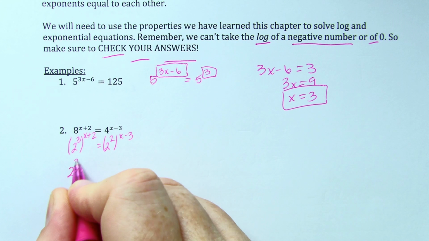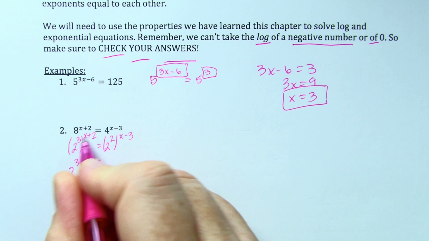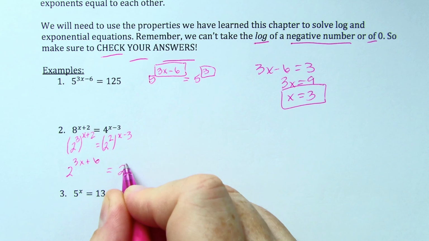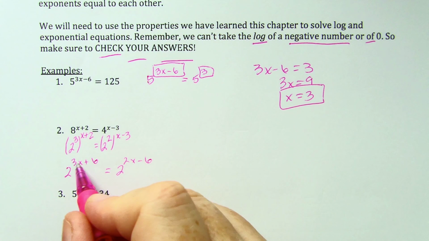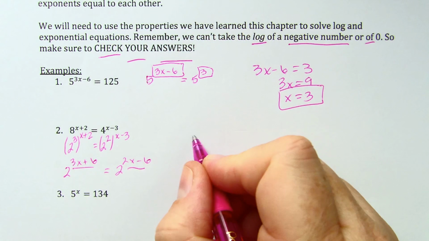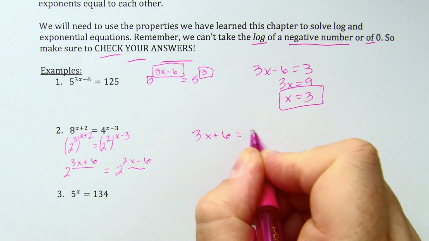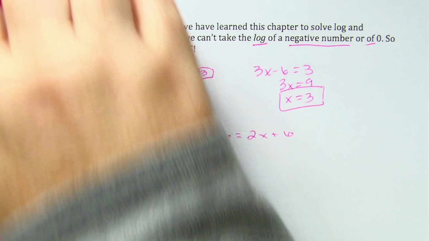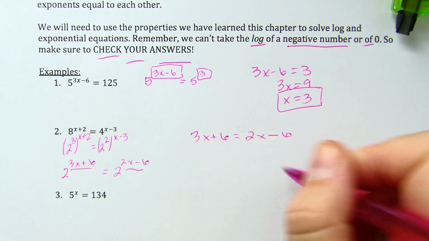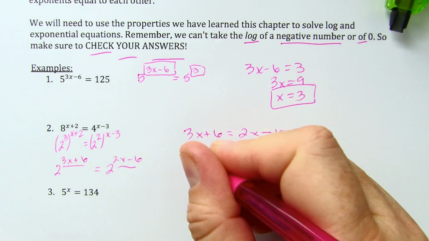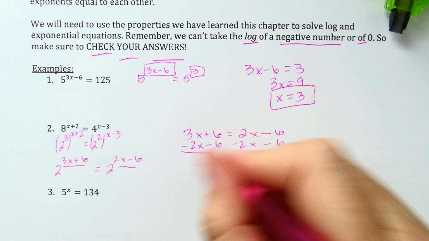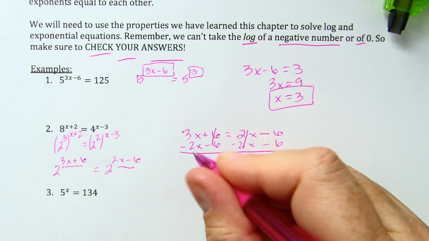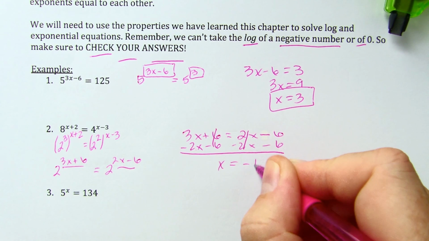So we have 2 to the power of 3x plus 6, multiplying there, equals 2 to the power of 2x minus 6. Now we want to set those exponents equal to each other and solve. Oops, this should be a minus 6. So I can subtract 2x from both sides, and I can subtract 6, and those cancel, I'm left with x equal to negative 12.